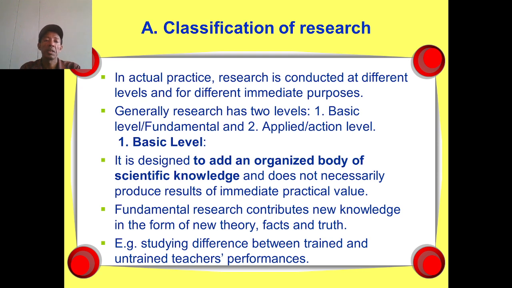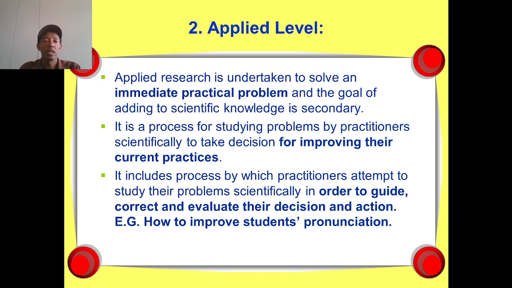This is just to know whether there is a difference. And this research question has no immediate practical value, but the researcher is interested only to add knowledge to the current body of knowledge. The second one is applied level research, or action research.